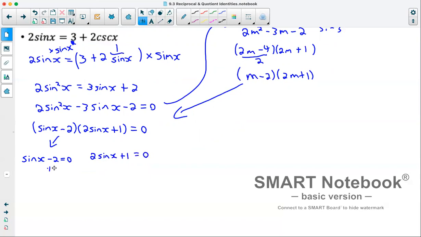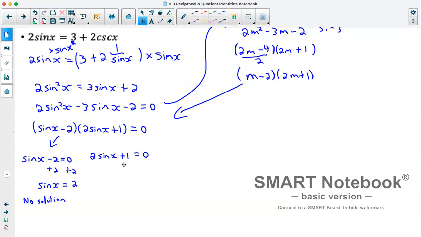Now this one will move the 2 to the other side. So we've got sine x equals 2. Now this one has no solution. We know that because we don't have an amplitude in front of here, and our graph of sine x oscillates between +1 and -1, so it never equals 2.